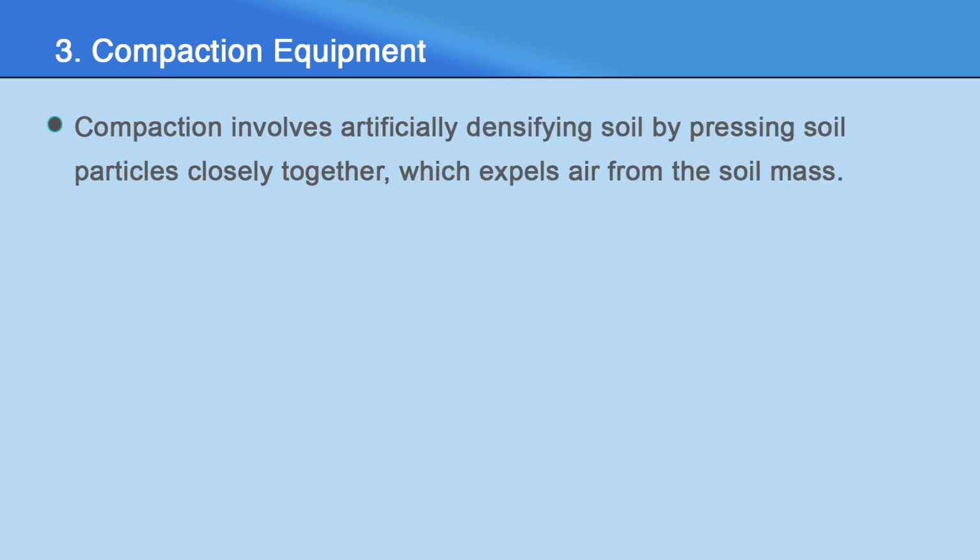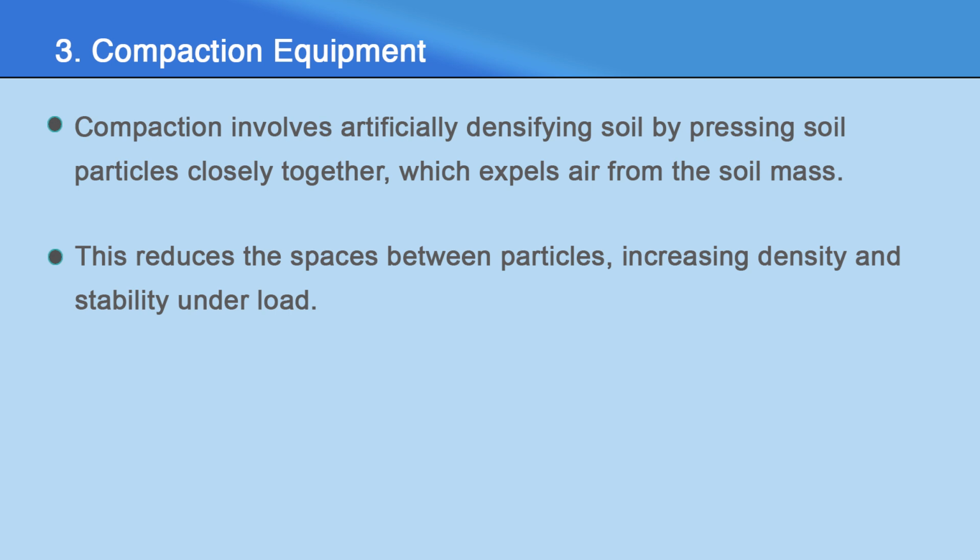Compaction involves artificially densifying soil by pressing soil particles closely together, which expels air from the soil mass. This reduces the spaces between particles, increasing density and stability under load.